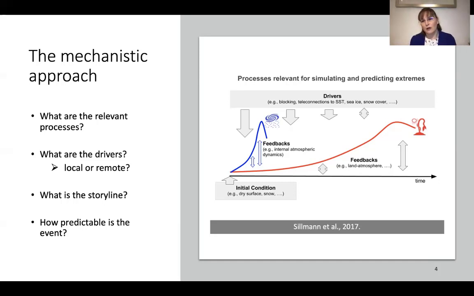But if you're looking at things like droughts, these may act over much longer timescales, maybe even multi-annual timescales, and you'd have longer memory through things like land atmosphere feedbacks occurring.